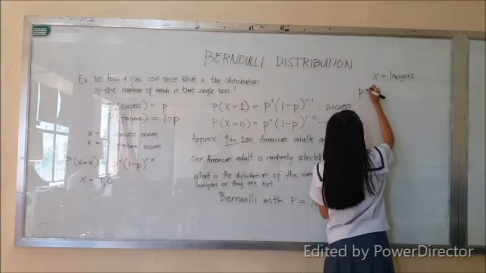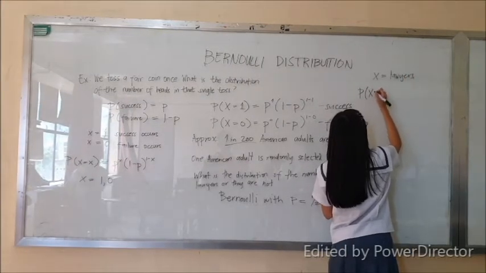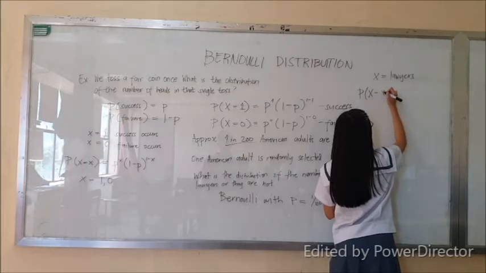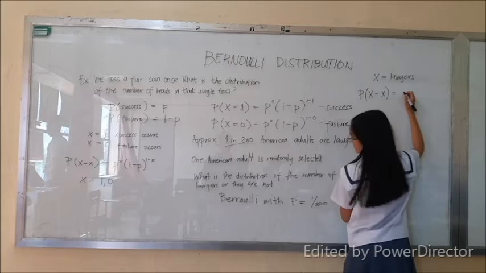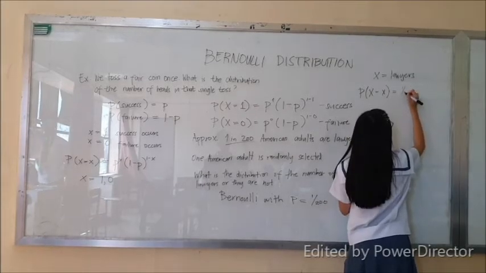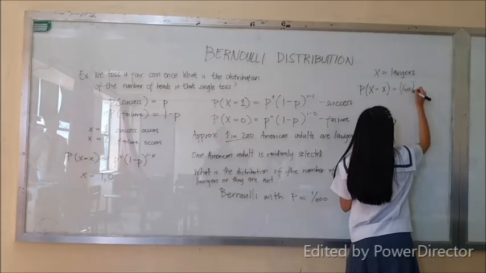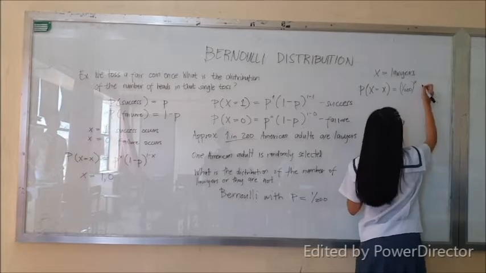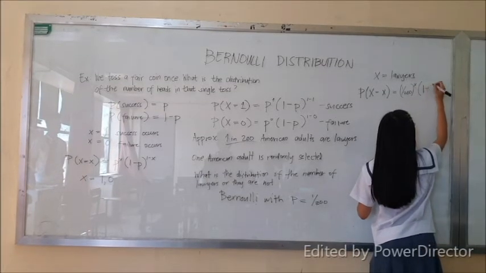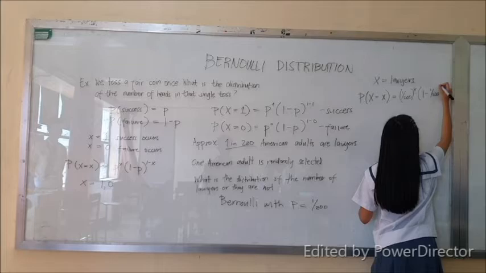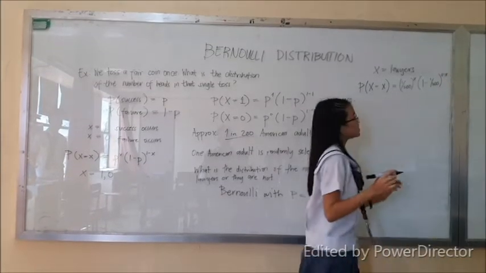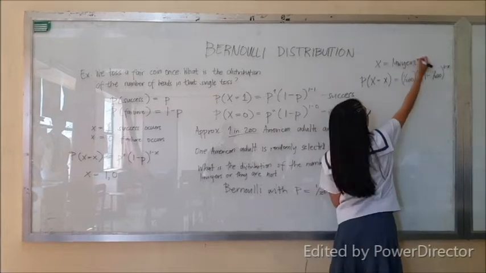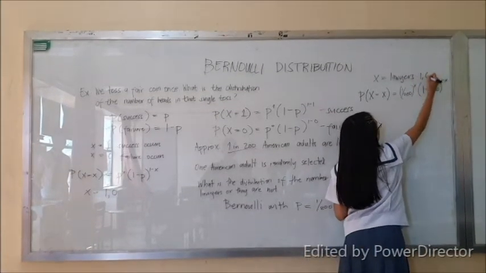The probability of the random variable x is (1/200) to the x times (1 minus 1/200) to the 1 minus x, where x takes the values 1 and 0.